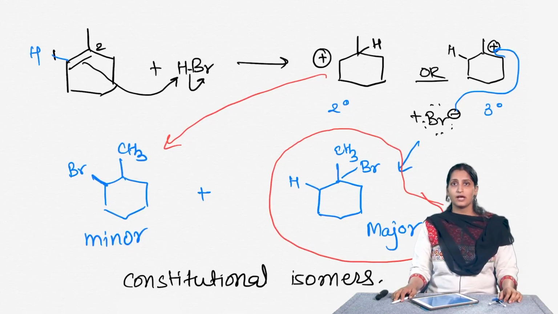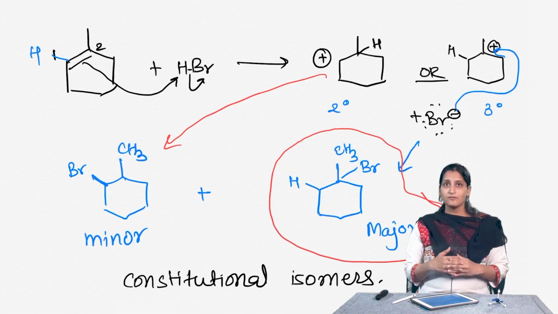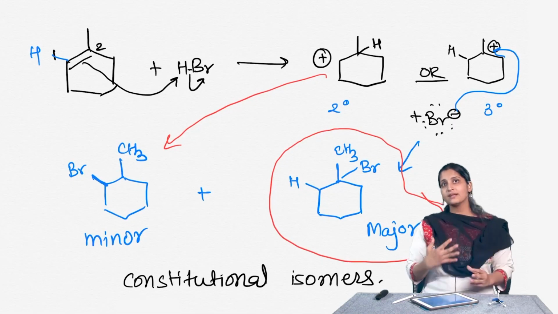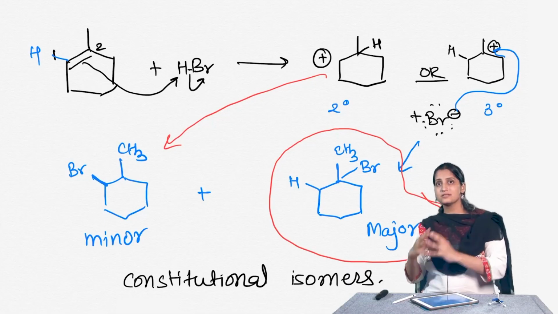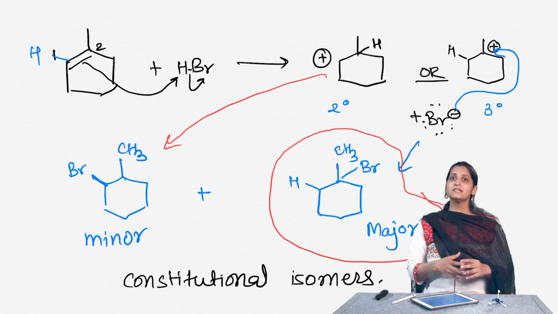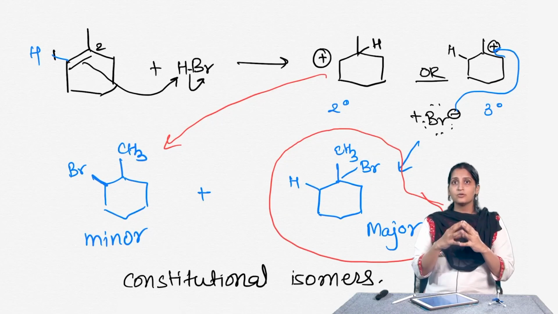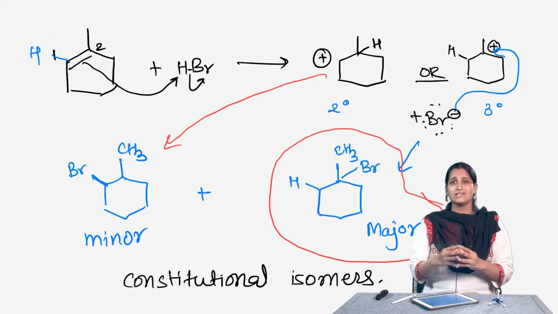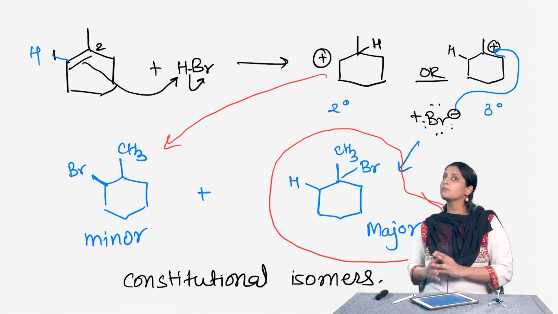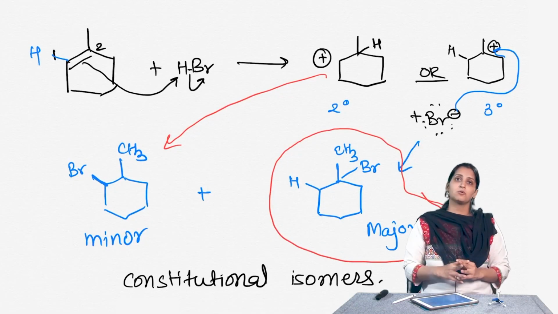If I have to now state Markovnikov's rule again, knowing that the carbocations exist and knowing their relative stabilities, I would always say that the hydrogen adds to the carbon-carbon double bond such that a more stable carbocation is formed, that is, a more substituted carbocation is formed.